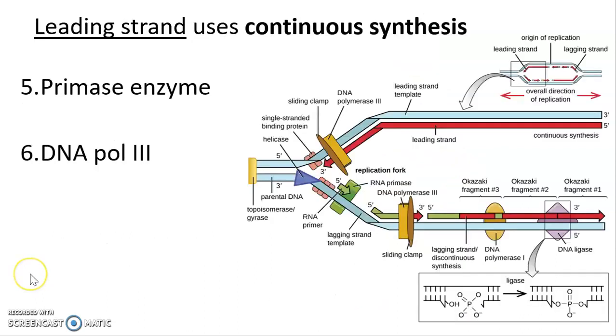If you look at your leading strand, this uses what's known as continuous synthesis. First, an enzyme known as primase is going to come in, and effectively it makes a short RNA that is complementary to a short region on that DNA strand.